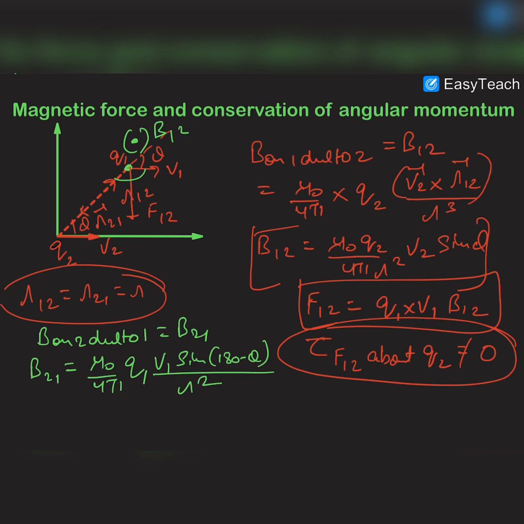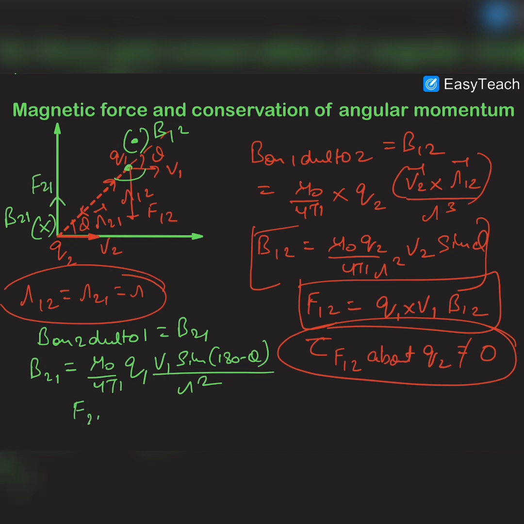Now let us also find out the direction of this magnetic field. The direction of this magnetic field can be calculated by Fleming's right hand screw rule, and you can find out that the direction of this magnetic field will be inside the plane. And now if we find out the direction of force acting on the charge Q2, then this force will be acting in the upward direction like that, F21.